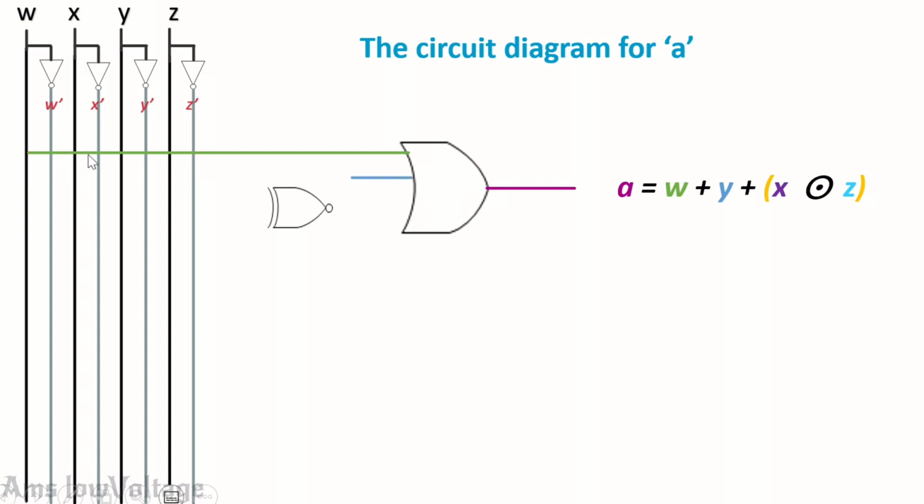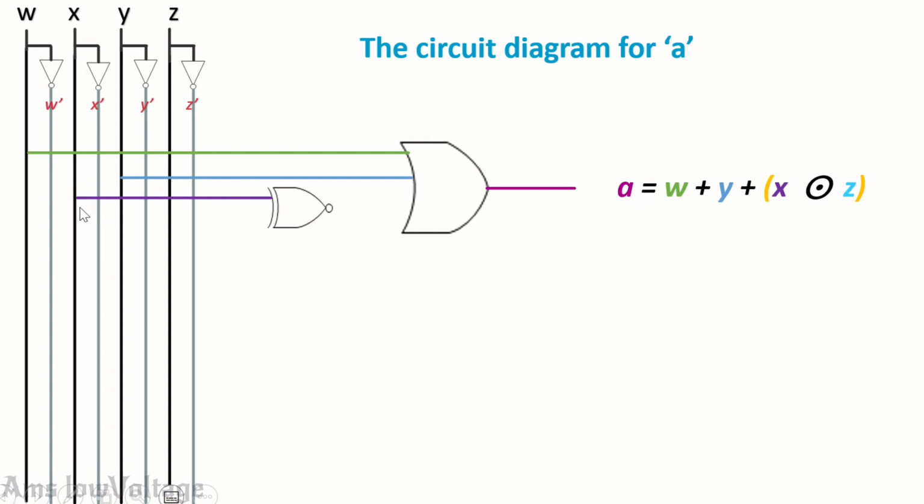And for y, this is going to y, plus, this is the x connected to the x NOR gate, and this goes to x.